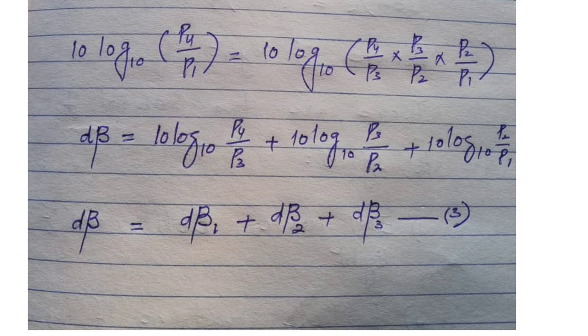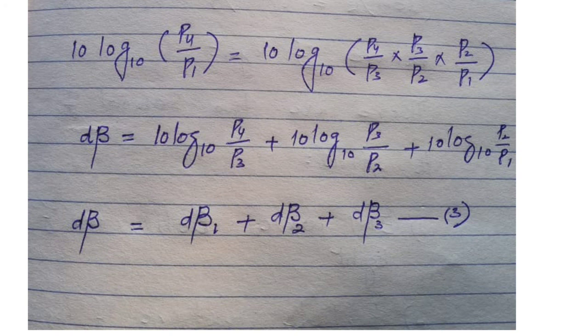And if you focus on the right hand side of the second last equation of this slide, the first term represents the transmission efficiency of block number 1 in decibels. So the first term on the right hand side of the second last equation gives you the transmission efficiency of block number 1 in decibel, which is represented by dB1.